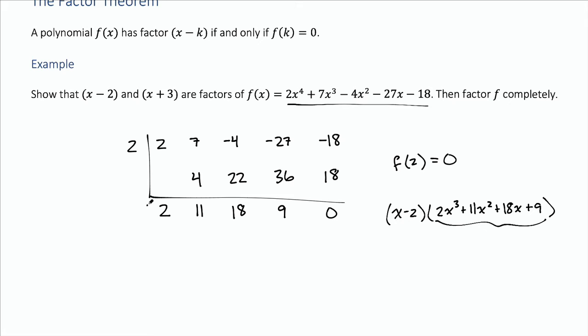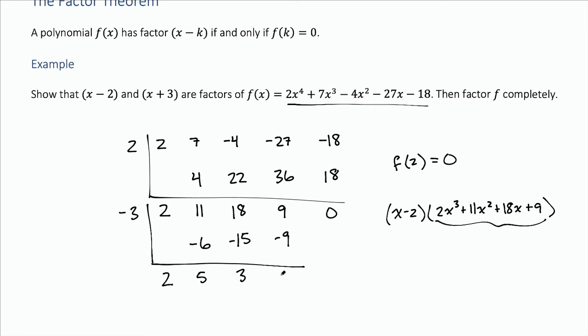So we can work off of just those coefficients and do another synthetic division using negative 3. Bring the 2 down. 2 times negative 3 is negative 6. 11 plus negative 6 is 5. 5 times negative 3 is negative 15. 18 plus negative 15 is 3. 3 times negative 3 is negative 9.